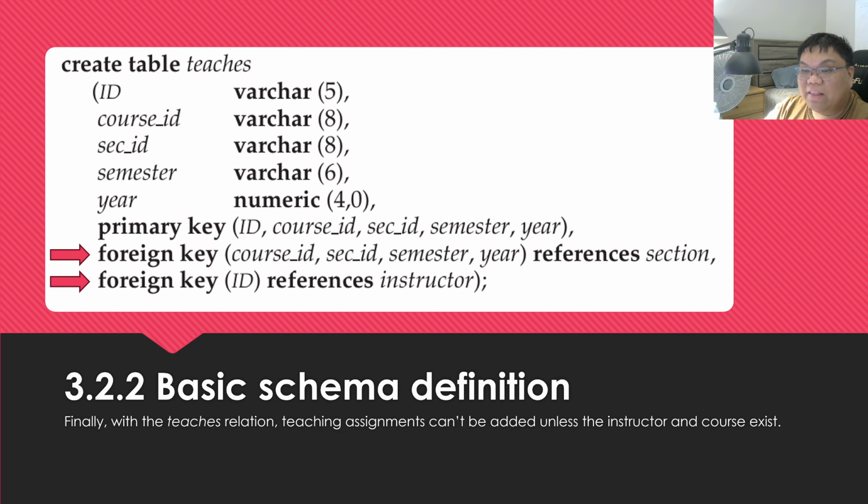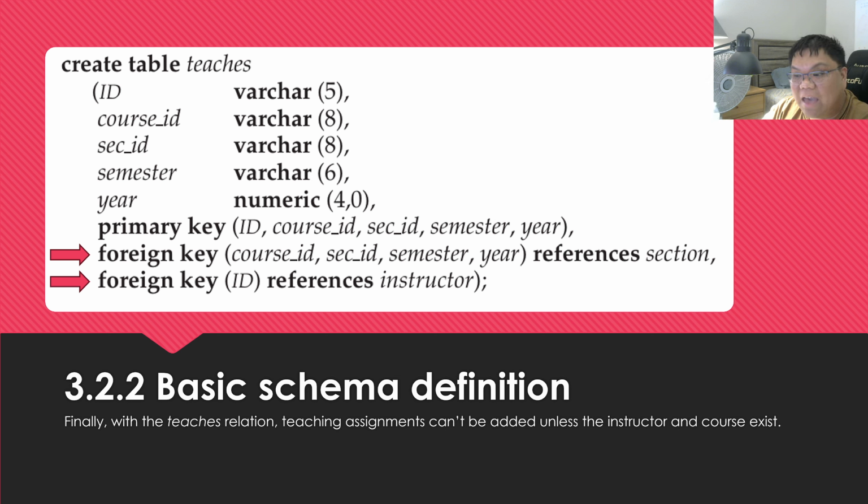Finally, we can only add teaching assignments. So instructors are assigned courses, or rather sections, to teach. We cannot add teaching assignments unless the section exists and the instructor exists.